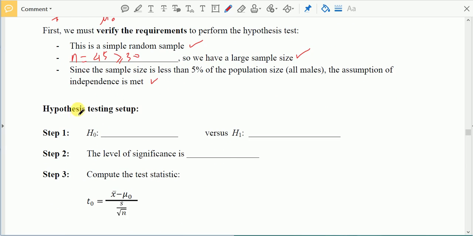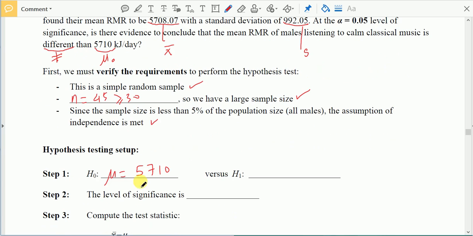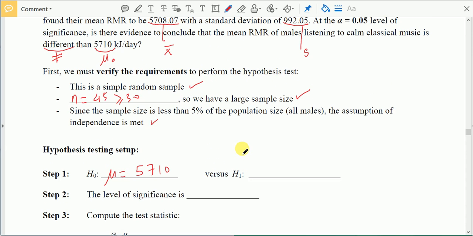Now set up the hypothesis testing. The null hypothesis is the one that's given in the problem, which initially we have 5,710 kilojoules per day, so that is the null hypothesis, or H0. Now H1 is the alternative hypothesis, or the one that we came up with.